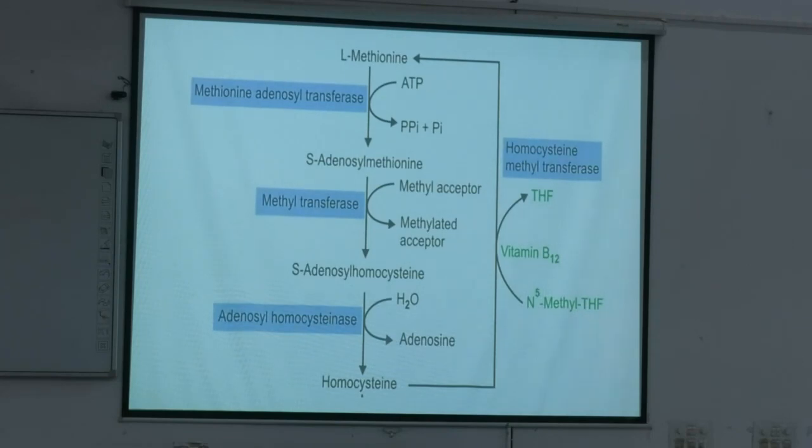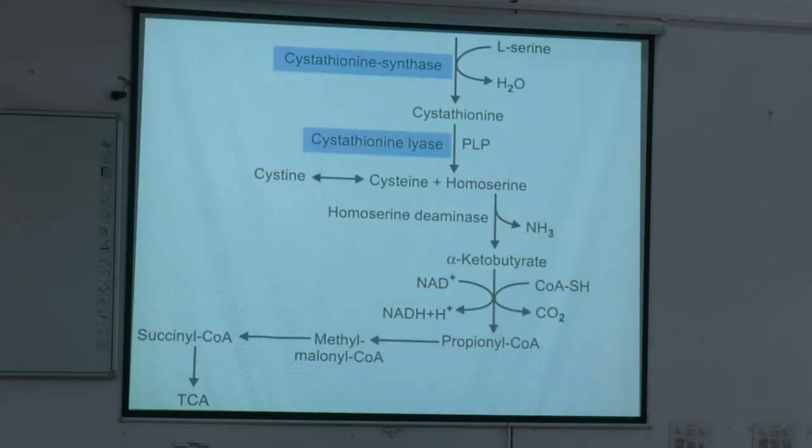This condition is referred to as folate trap. Okay. Now in the second reaction, homocysteine is combined with serine. It forms cystathionine.